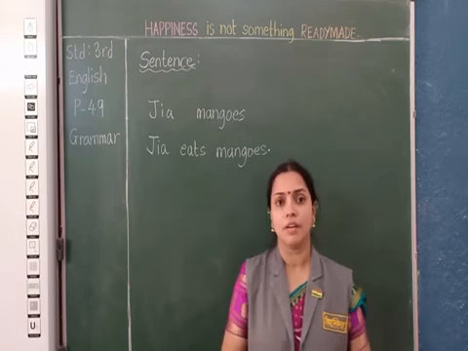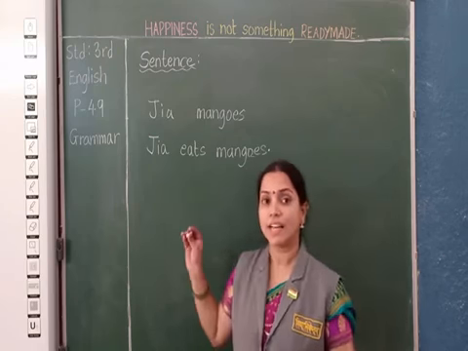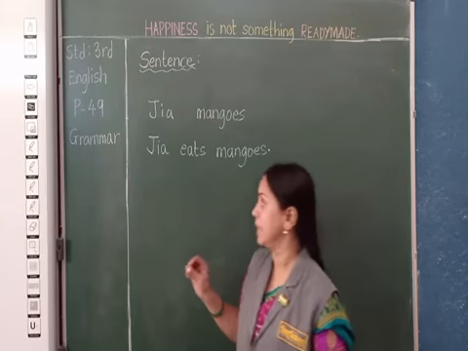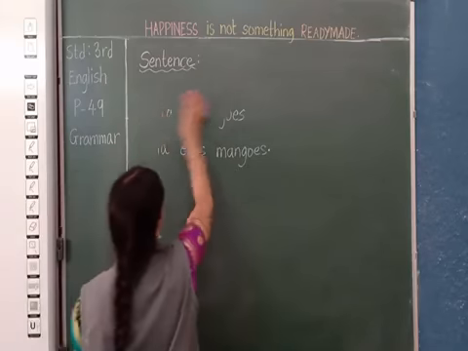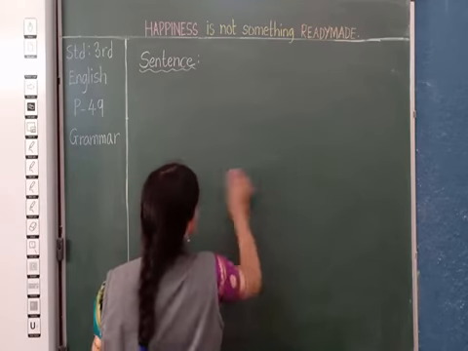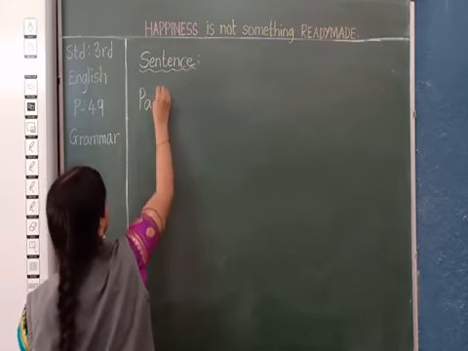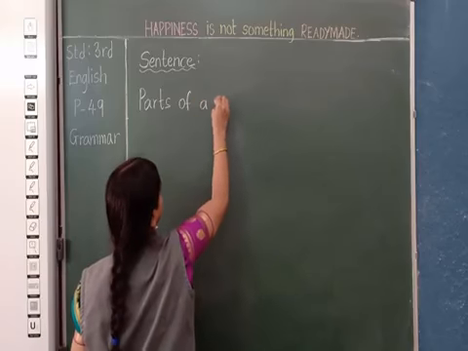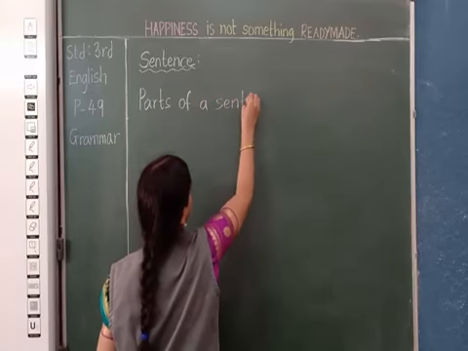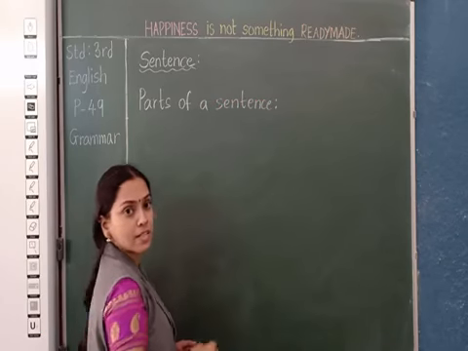A sentence basically has two main parts, and they are subject and predicate. What are the two main parts?